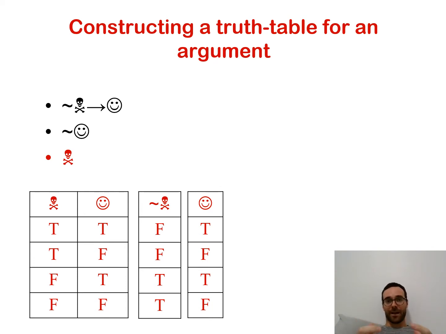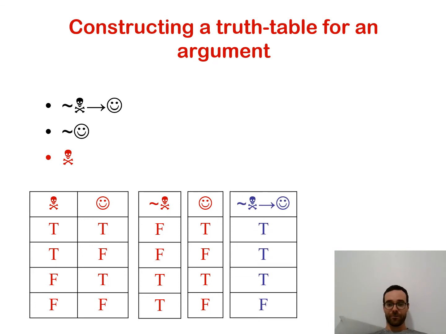If you don't want to write the smiley face column because it's already written, that's perfectly fine, but it always is helpful to read from left to right, noting that your column on the left will be the antecedent and the column on the right the consequent. So here, again, we're looking for a true antecedent and a false consequent, which we find in row 4. So we know that row 4 is going to be false. All the others are going to be true.